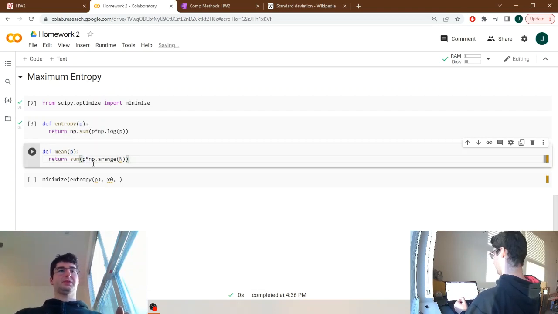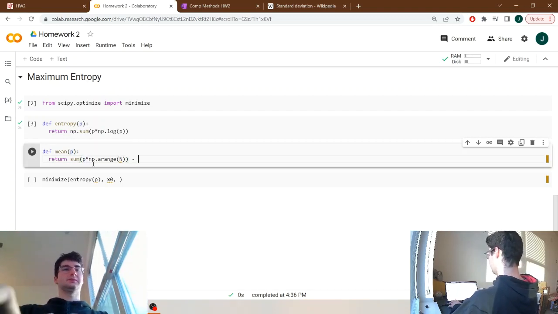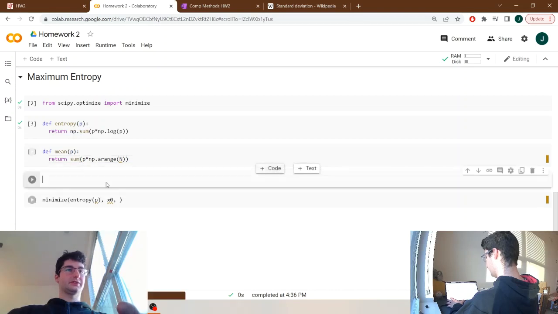Then after we calculate the mean, we want to set that equal to our given mean. So that should calculate our mean. That's what that function should do.